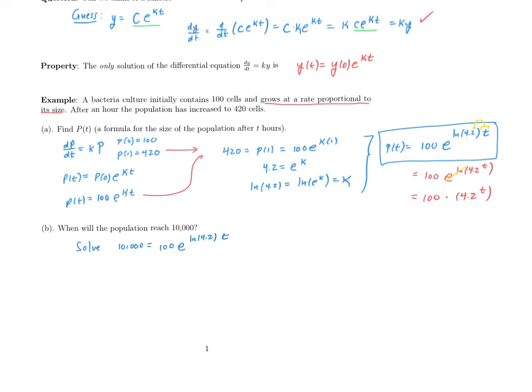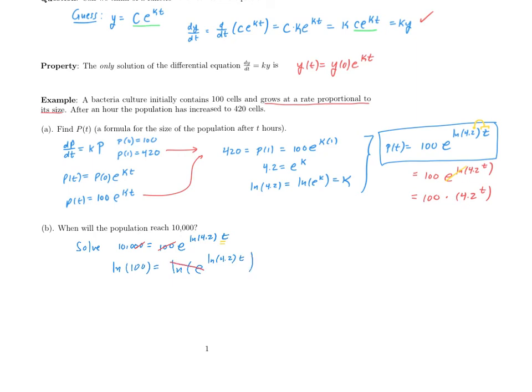Hopefully you've done that. My first step would be to divide both sides by 100. And then if we'd like to isolate this t, we need to get it out of the exponential. And how we're going to get it out of that exponential is by taking natural logs of both sides. So natural log of the remaining 100 on the left is the natural log of e to the natural log of 4.2 t.